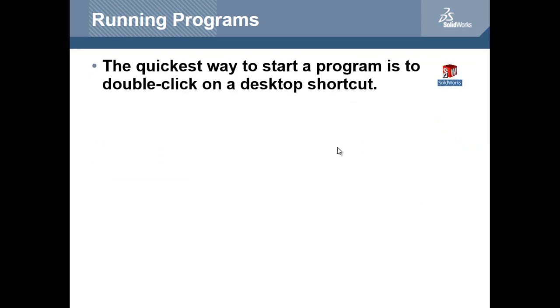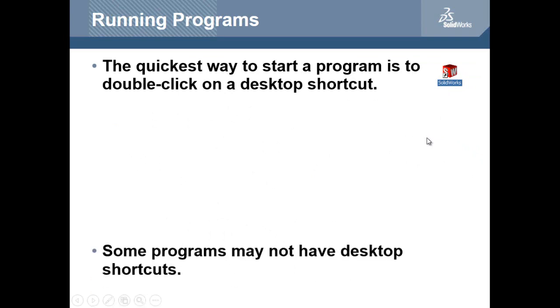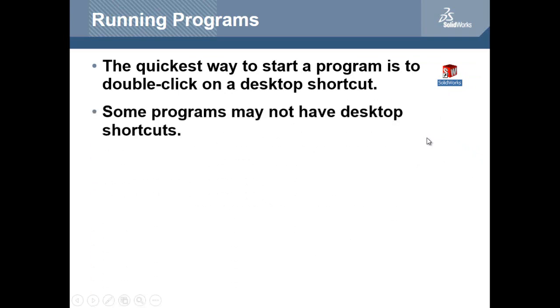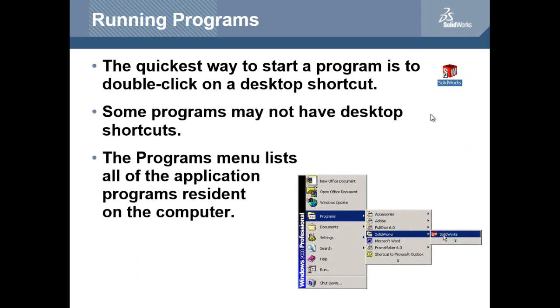The quickest way to start a program is to double-click on a desktop shortcut. If you have a desktop shortcut of SolidWorks, then you can double-click on it and open SolidWorks. Some programs may not have desktop shortcuts. The program menu lists all of the applications, programs that are resident on your computer.